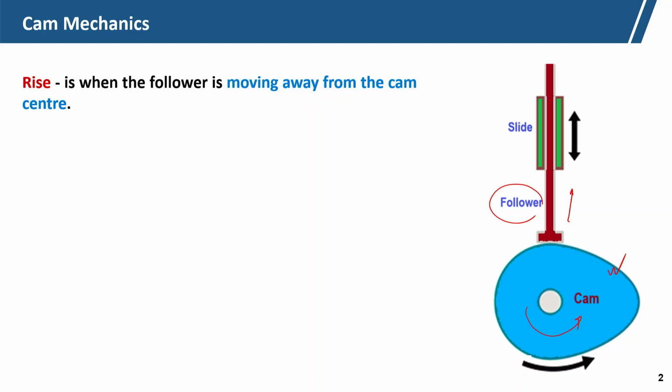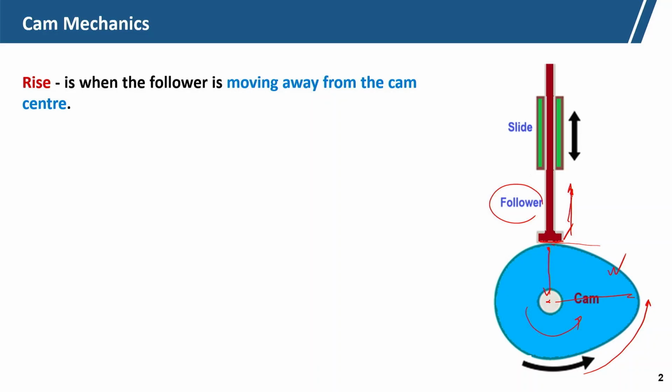So, rise is the term used when the follower is moving away from the cam center. Suppose this is the cam center and here is the follower. Now, if it is rotating in the anti-clockwise direction, that means the follower will be moving away from the center. When it is coming here, it will be moving upward.